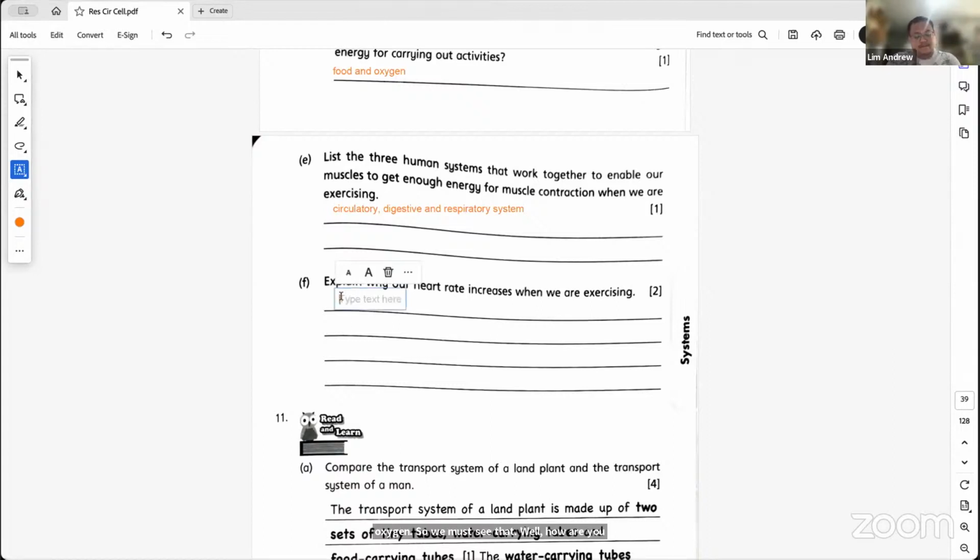Because our heart needs to pump blood faster in order to supply the body parts with oxygen and food more quickly.